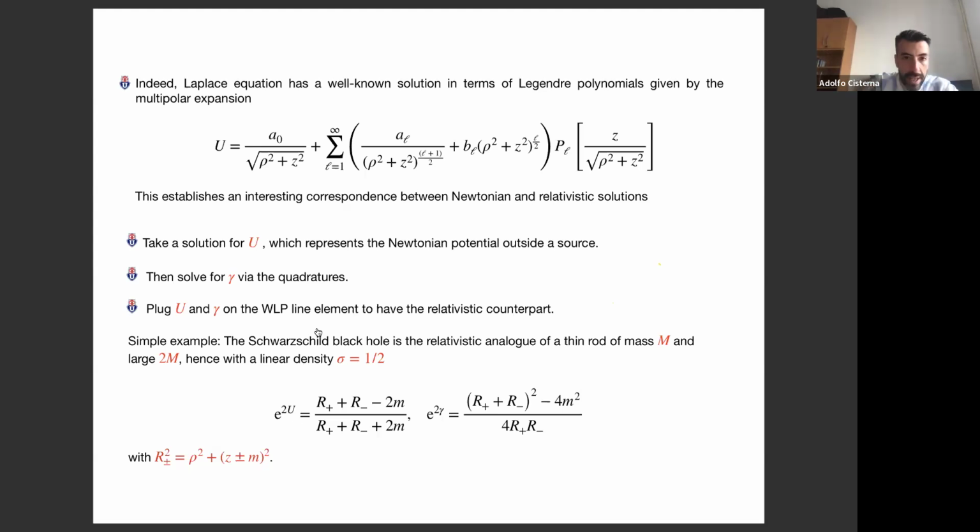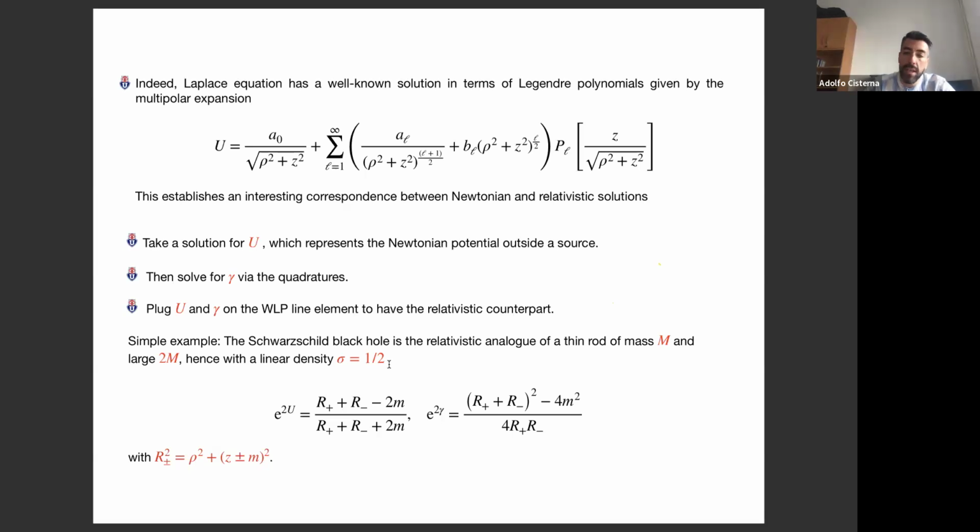You find, using the equations I showed you before, that the Newtonian potential is given by this expression, gamma is given by this other, where you define this in terms of the Weyl coordinates. You plug everything into your metric, and what you get is Schwarzschild in these cylindrical coordinates. So then you move to coordinates r, theta, and you get your usual Schwarzschild metric.